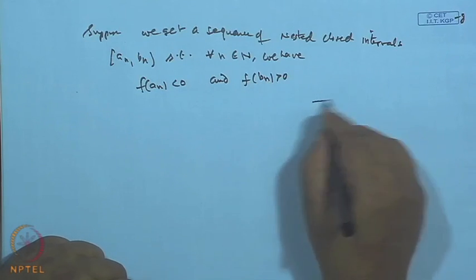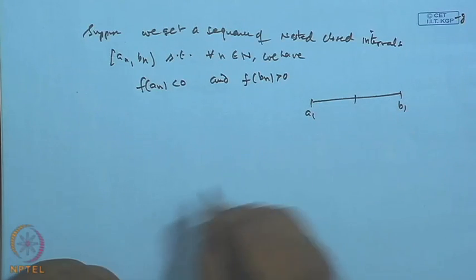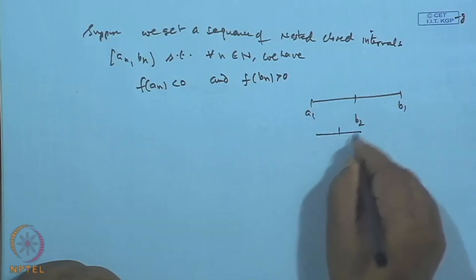So this is the sequence of nested intervals, say a1 b1, then once you divide, here is a2 b2, like this, further divide and like this.